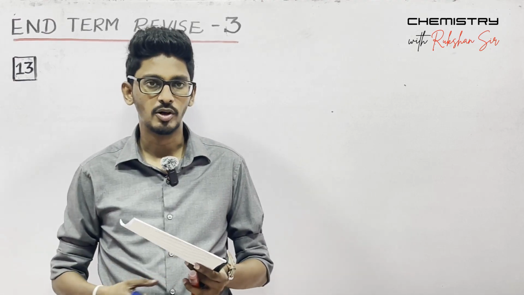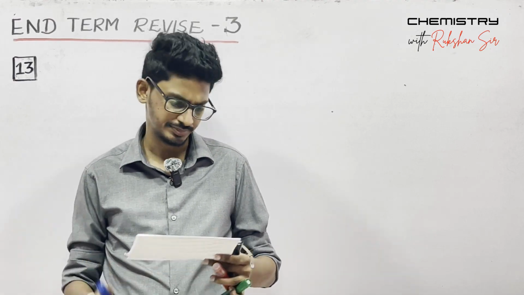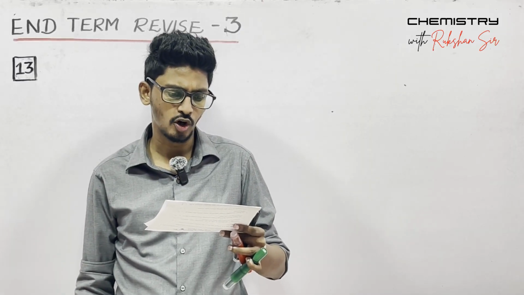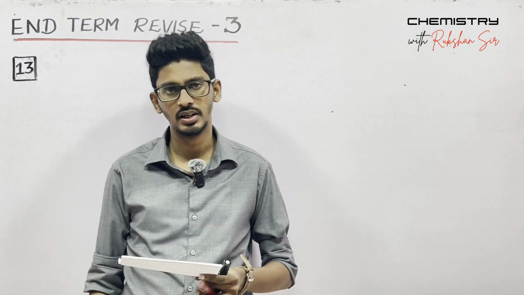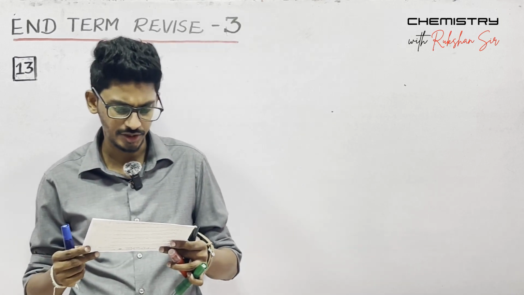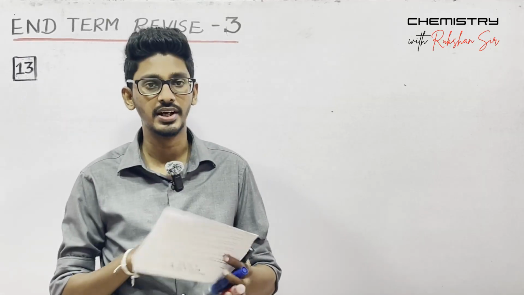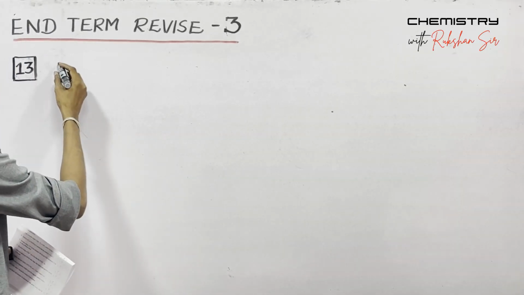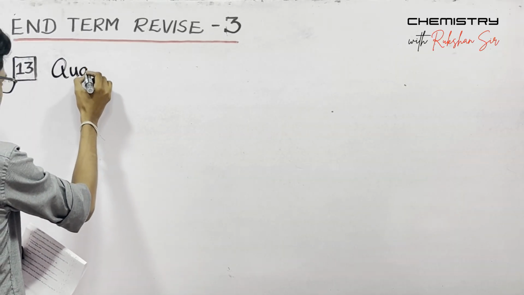Let's discuss statement 13. See what it says. Information on degenerate orbitals is given by magnetic quantum number. So this is statement 13, regarding the quantum numbers.